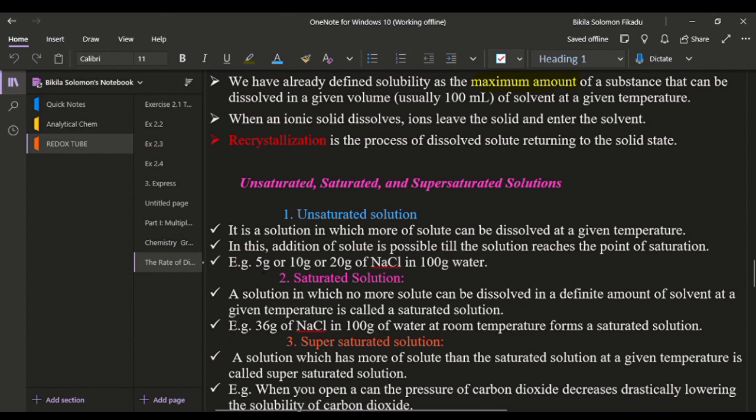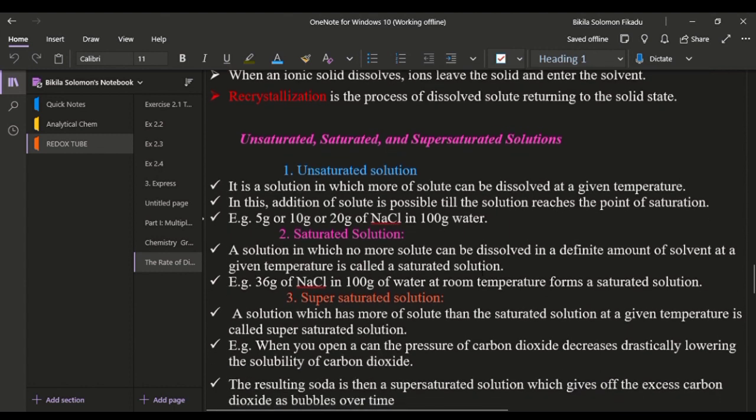So for example 5 gram or 10 gram of sodium chloride in 100 gram of water. Grama kuda yookaan 20 sodium chloride in tokko gram waterii grama 100 keessatti yoo dissolve ta'e maal jedhama? Unsaturated solution jechuudha. So salphaamatti unsaturated solutions means more solute or solids can dissolve at a given temperature.